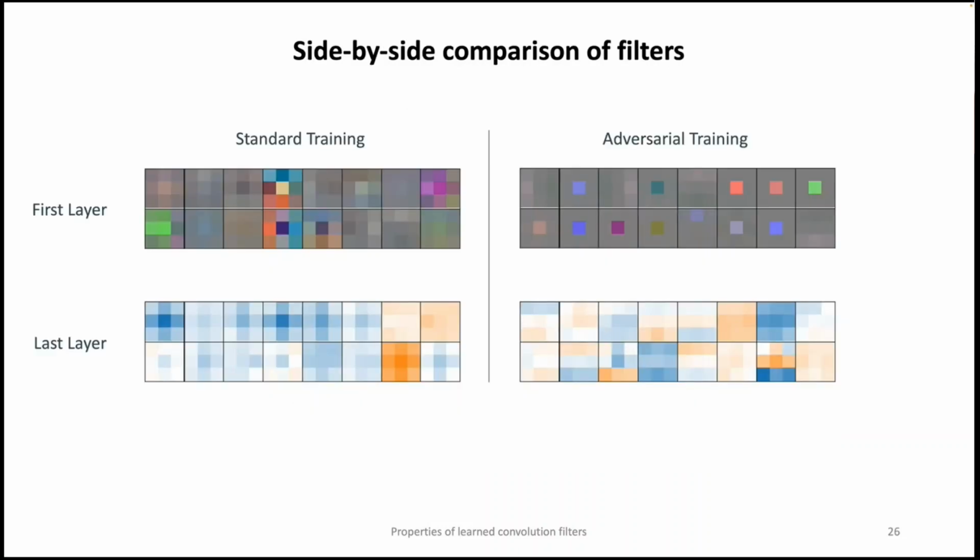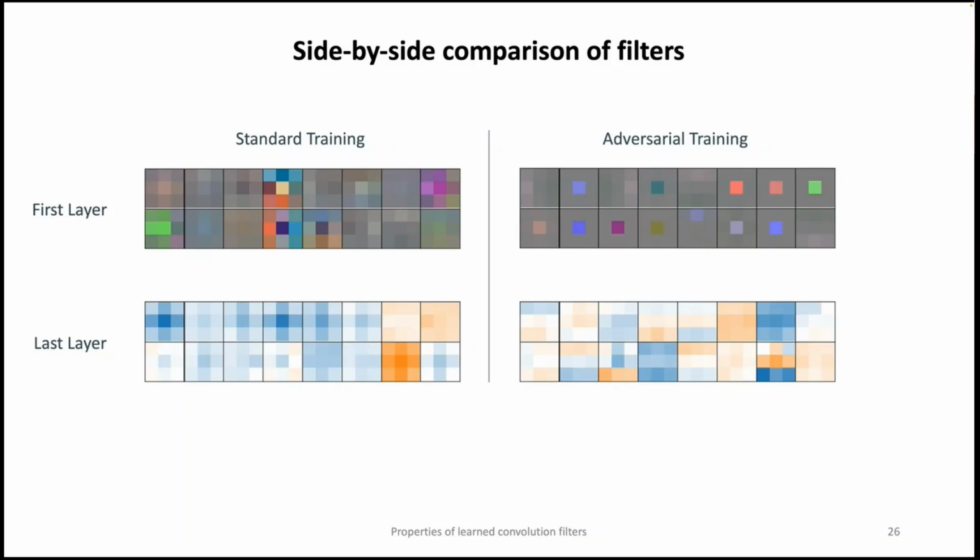We again started by visualizing the filters and comparing them side by side. We did this for the very first and the very last convolution layer. If you look at the first layer, it's not surprising that the normal or standard training leads to a diversity of filters that do some kind of transformations, whatever that is.